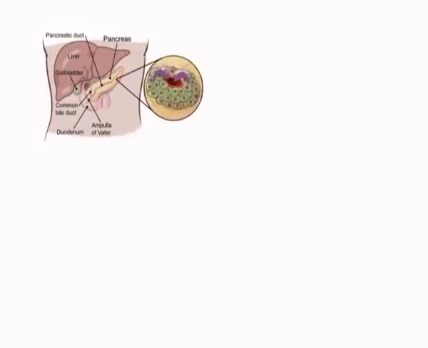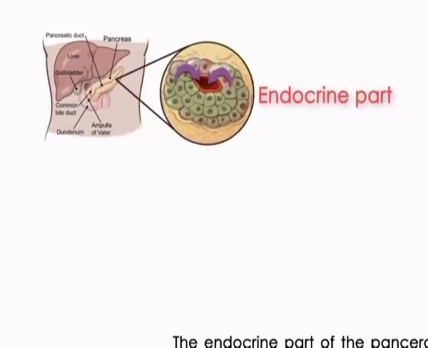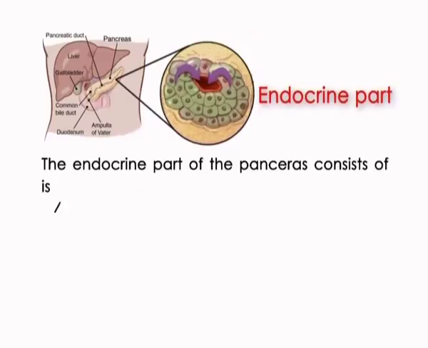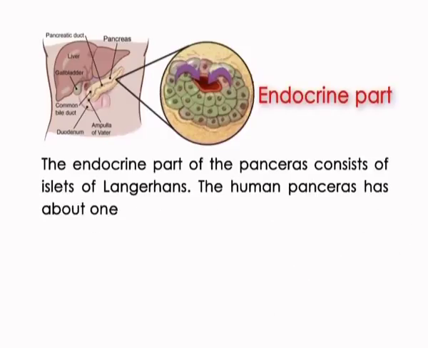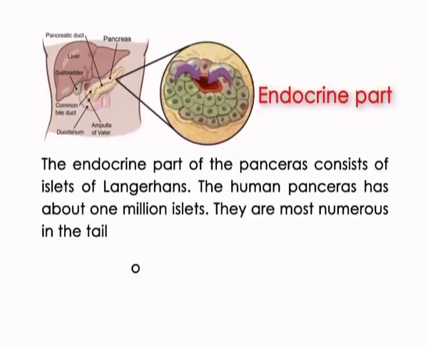Next one, endocrine part. The endocrine part of the pancreas consists of islets of Langerhans. The human pancreas has about 1 million islets. They are most numerous in the tail of the pancreas.